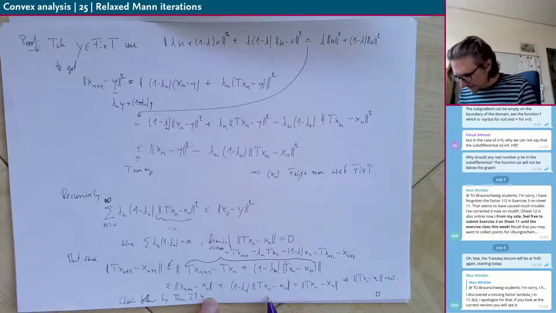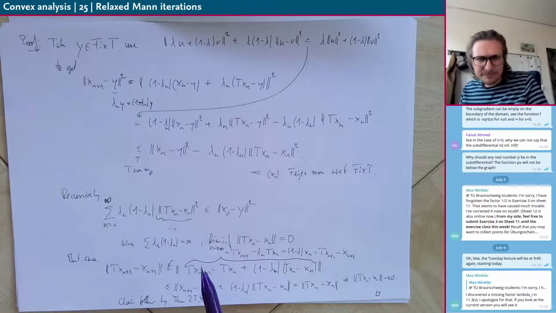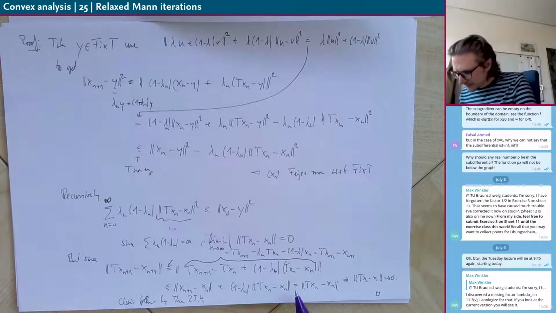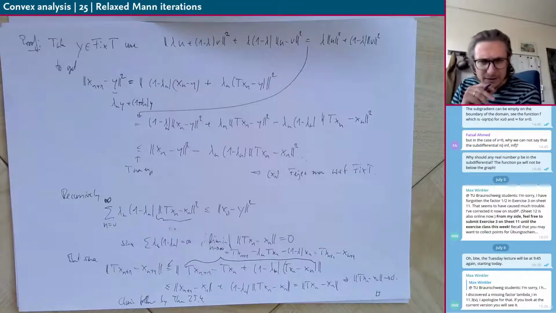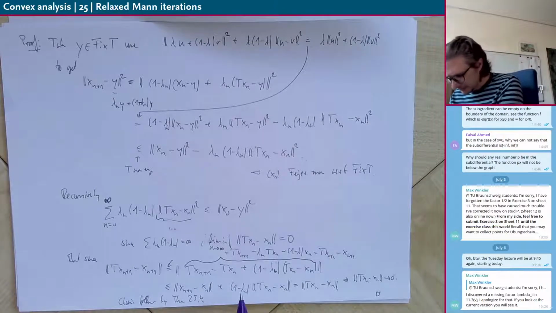This is just non-expansiveness here, and triangle inequality. And then for the last step here, actually I don't see it yet.